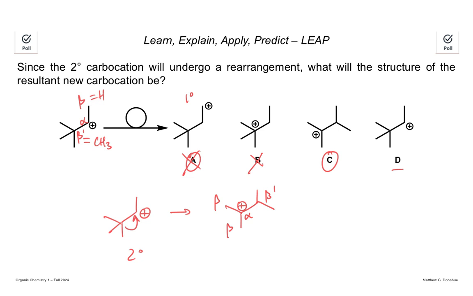So just as a preview, if you were to eliminate a hydrogen from the beta, so those two methyl groups are beta, if you eliminate from there, what is the substitution pattern of the alkene?